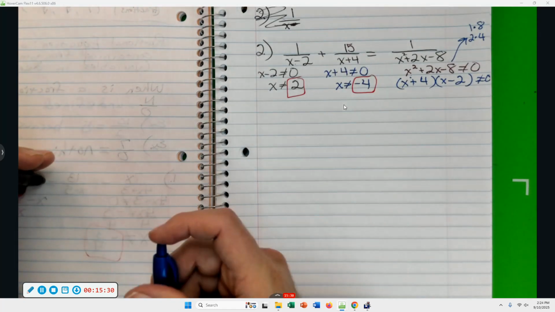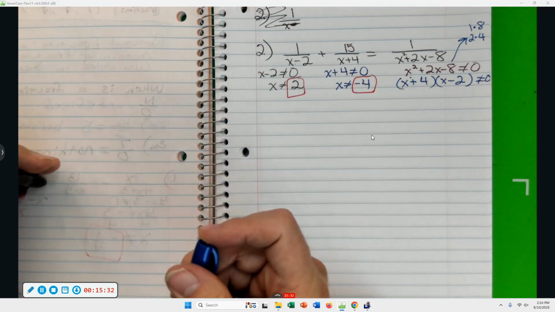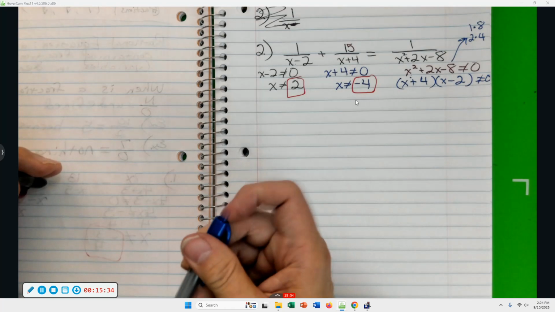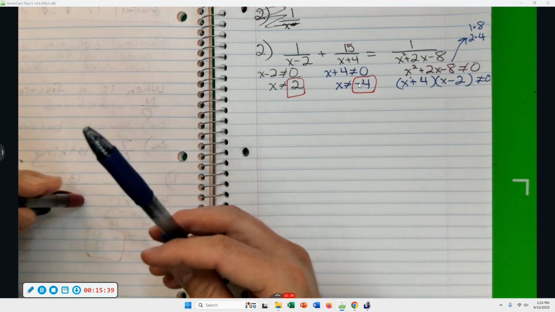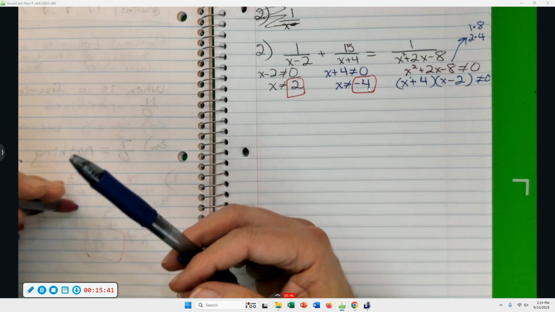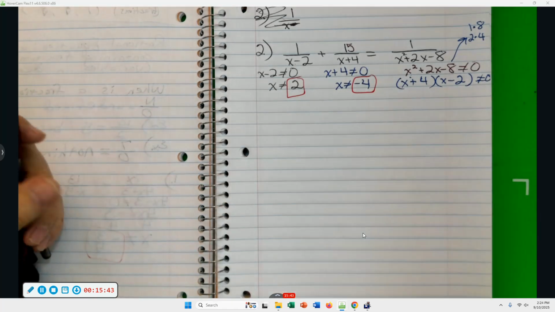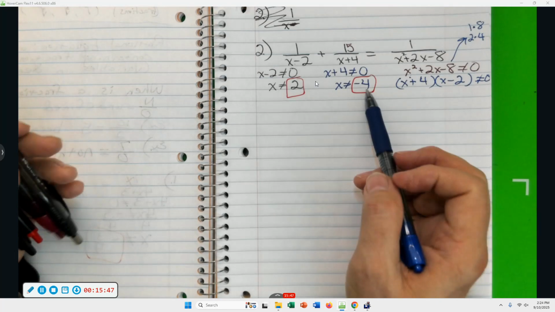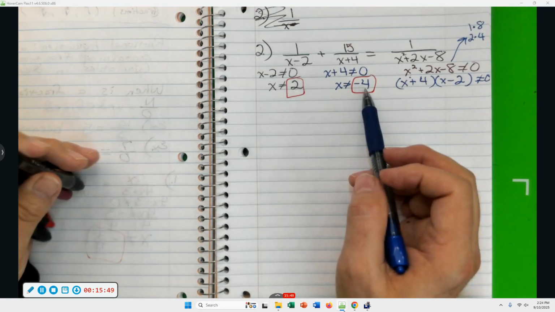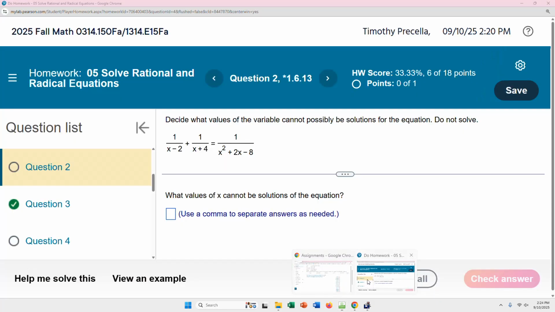I'll tell you this, more often than you'd think. This does happen, especially in the area of applications, and I'm thinking of rate and time. But there's no need to set these things not equal to 0. We've already picked up our two solutions, 2 and negative 4. Any questions there?